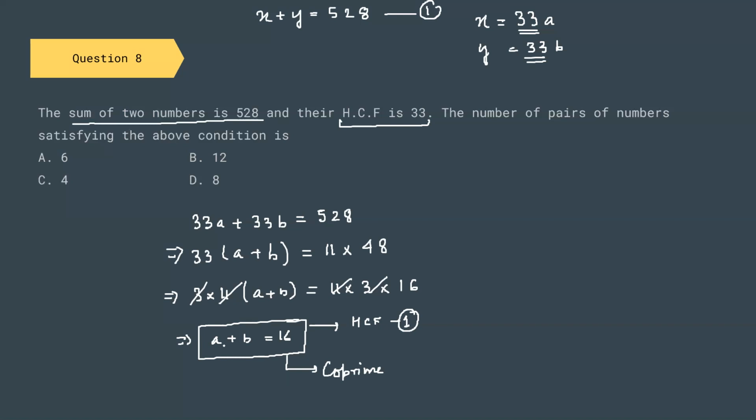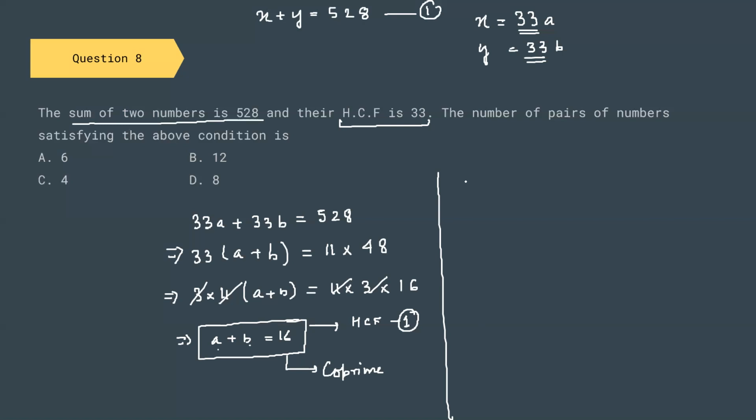So we can see that a and b have an HCF of 1, so they are actually co-primes. So from this situation, we can find out the co-prime numbers whose sum is 16. Those numbers will be less than 16, obviously.